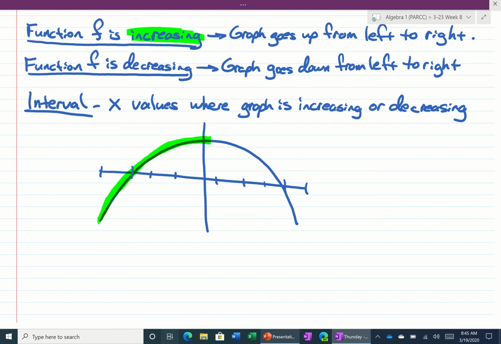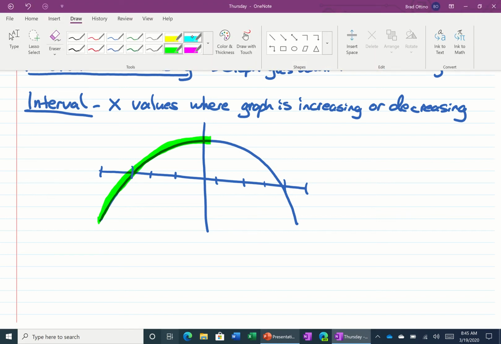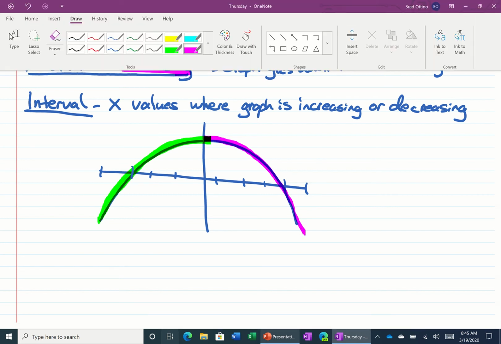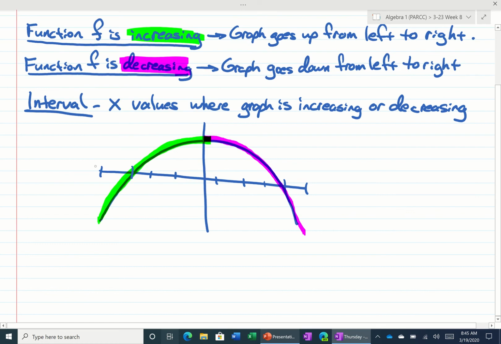Now when is it decreasing? Decreasing means it goes down from left to right. Now I would say that happens right here, all the way through to the end. The interval that this would happen, I'll use green for the interval.